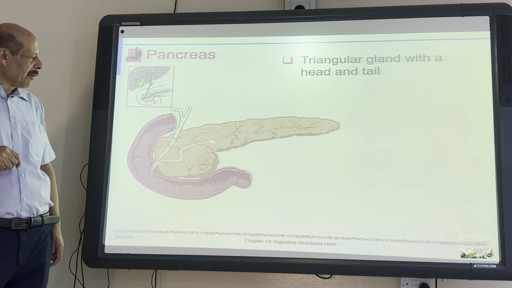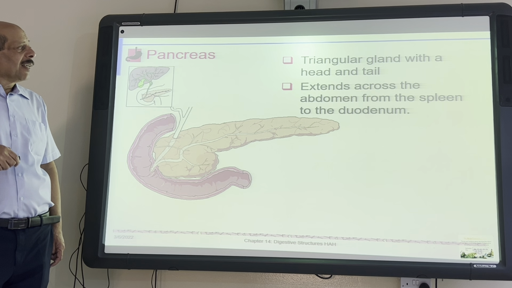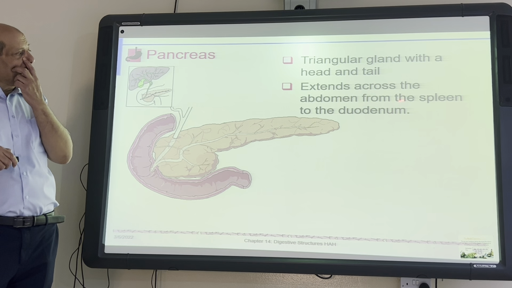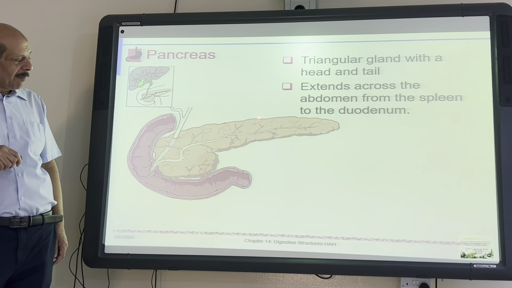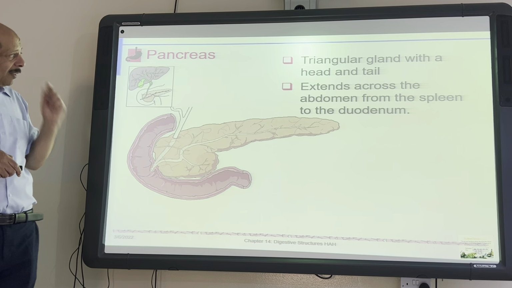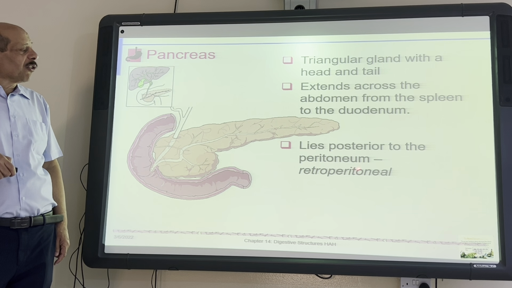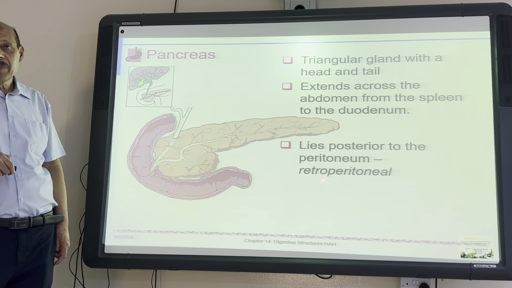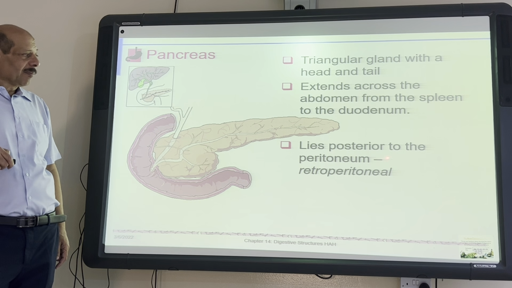This is the head of the pancreas, and this is the tail of the pancreas. It extends across the abdomen from the spleen to the duodenum. So the spleen is in this area. It lies posterior to the peritoneum, so it is retroperitoneal.